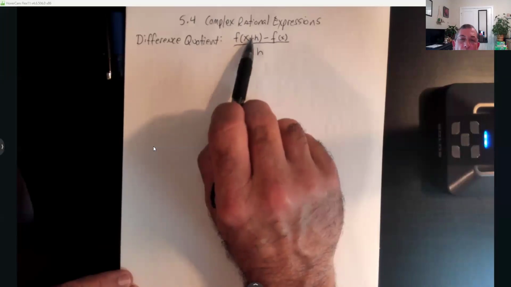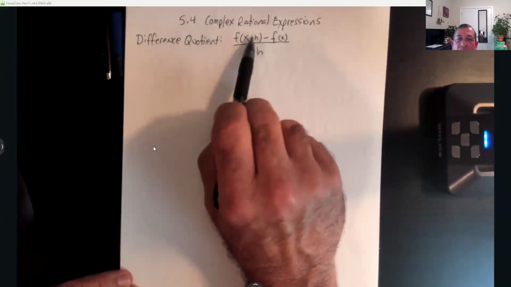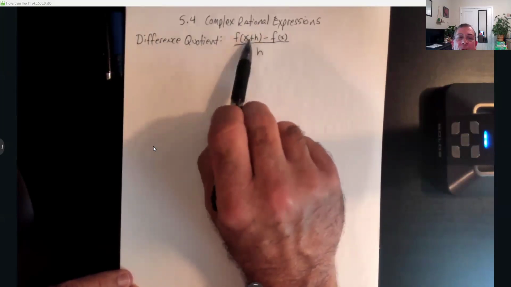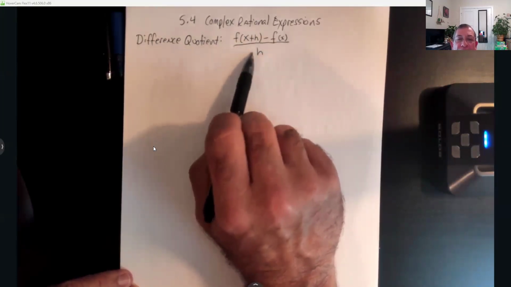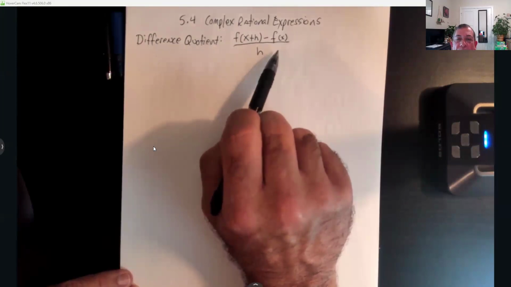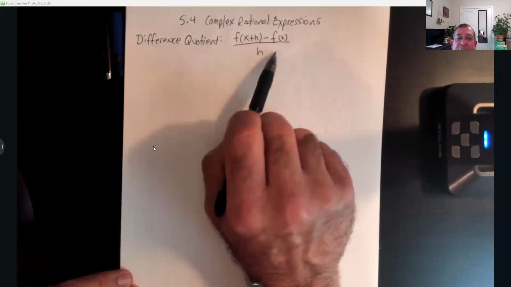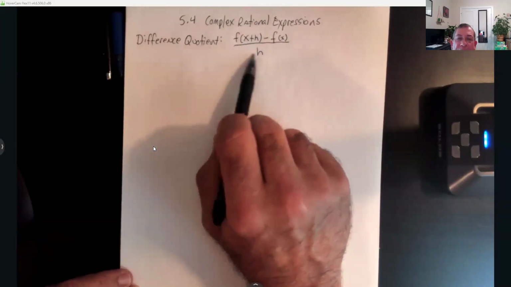So this would be like your y2 minus y1. Remember, I can use f of x notation instead of y. And then h would be the difference between x2 and x1. Okay, so h is just the distance between the x2 minus x1. So basically, this is a modified slope formula.